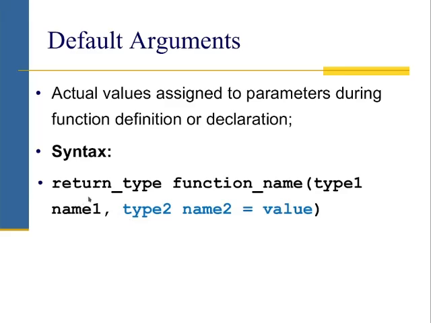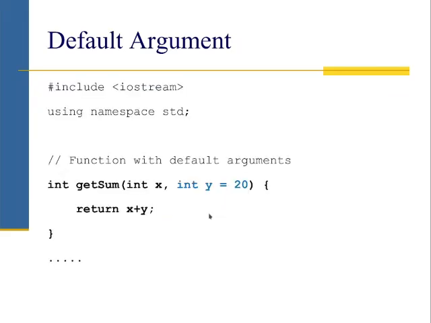So the syntax is the return type as usual, the function name, your type and your name, and the other type and the name, and you use equal to the value. This is when you want to give it a constant value. So just like this.